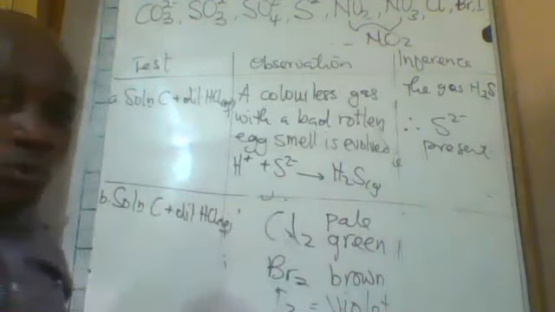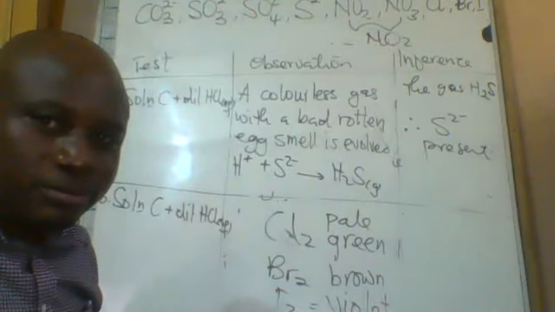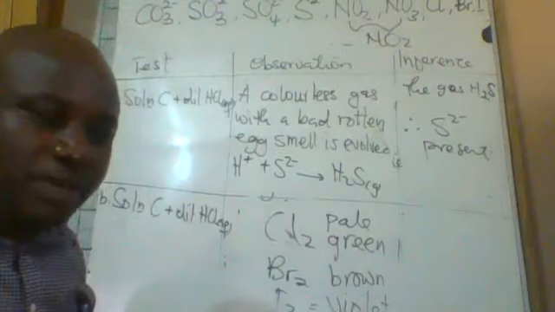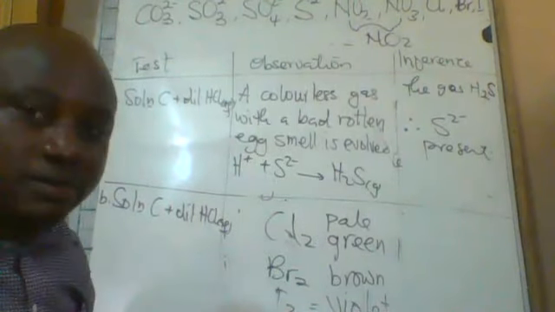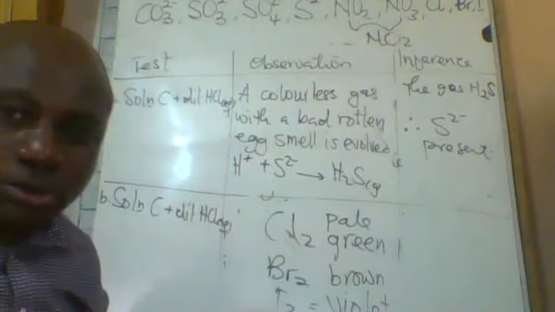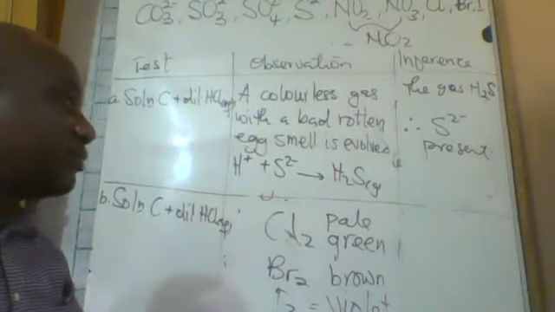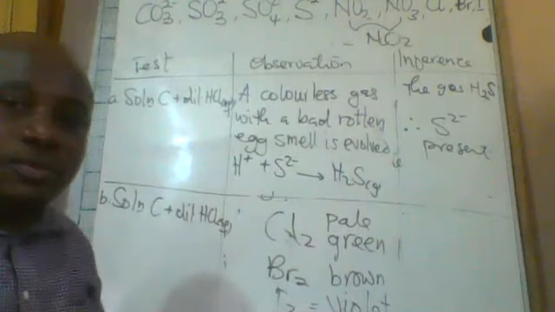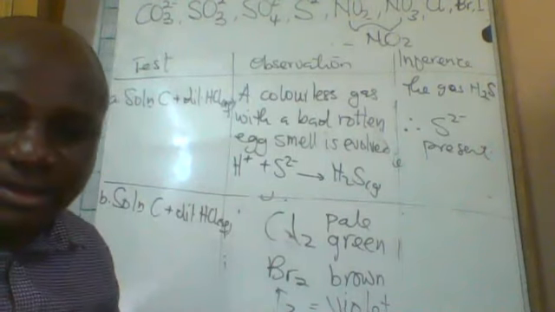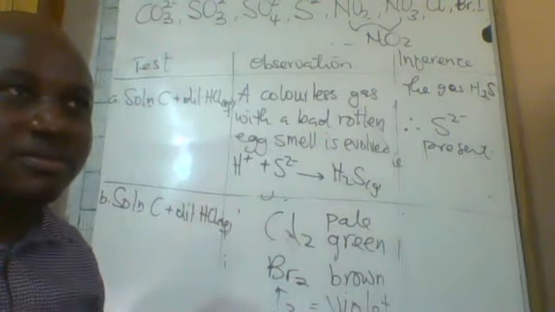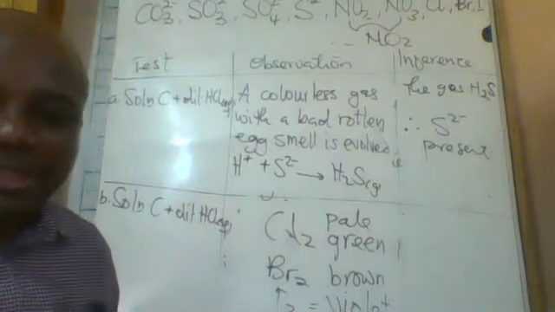But NO2 will not bleach the litmus paper. So with this, you can establish the two different gases and the source. And that's it. So what you have done here is a preliminary test, that is, when a gas is being evolved.